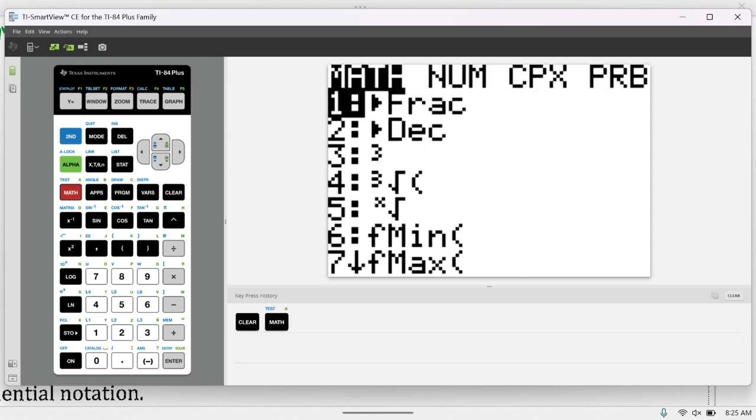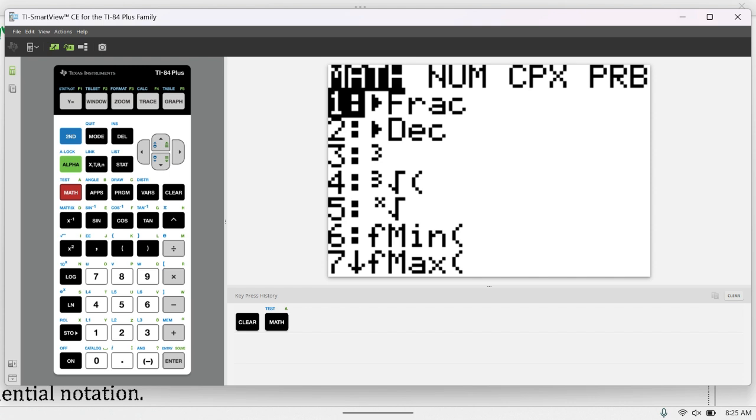Now, if you scroll down, do you see 4 and 5? So number 4 and number 5 on the screen. What's number 4 look like? A cube root. What's 5 look like? Right, any root above 3.